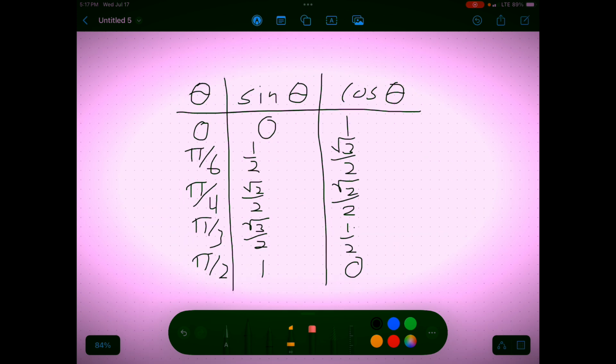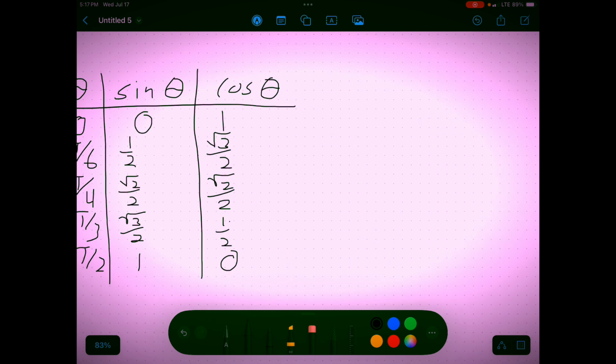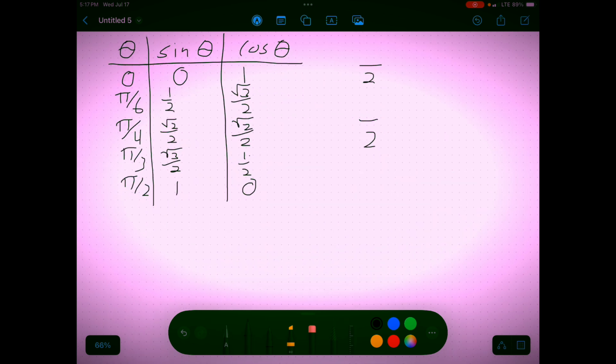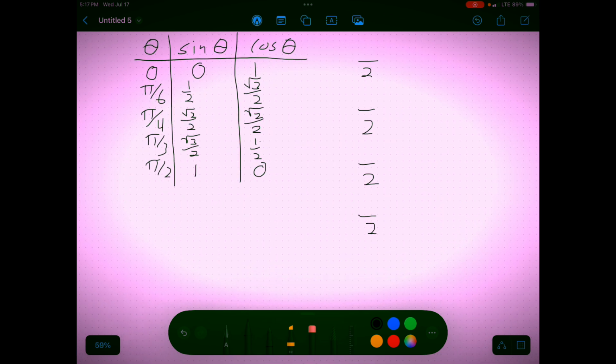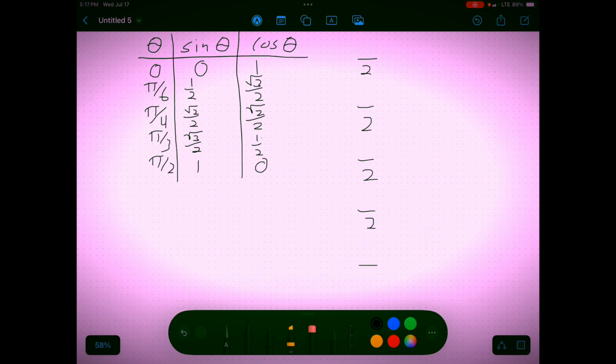Well, I'm only going to show you this once, and just know that it applies both forwards and backwards. What I'm going to do is I'm just going to write a bunch of things over 2. Okay, and now I'm going to write 0, 1, 2, 3, and 4.